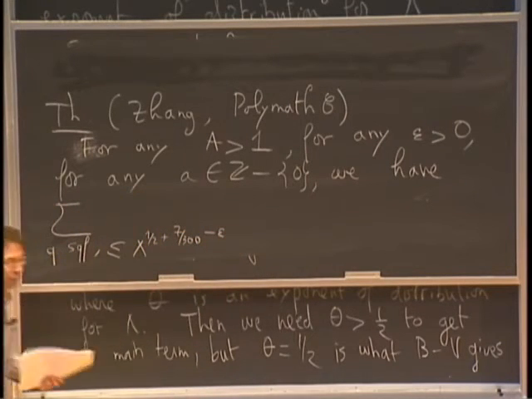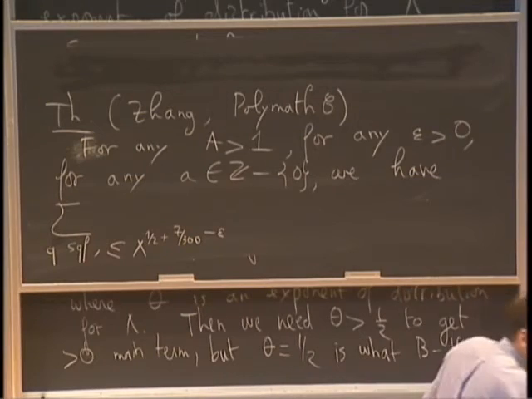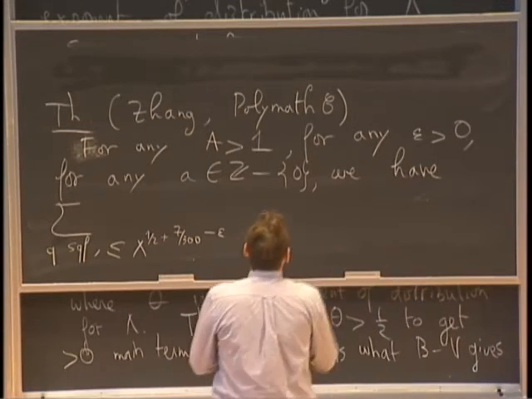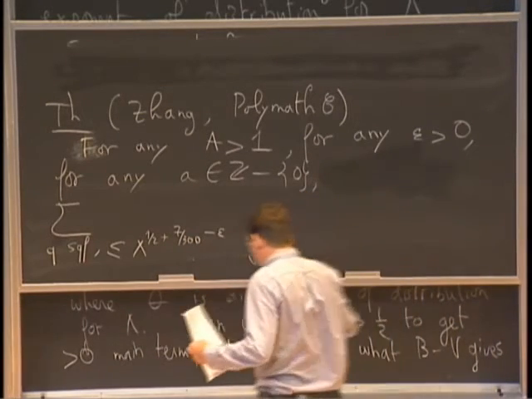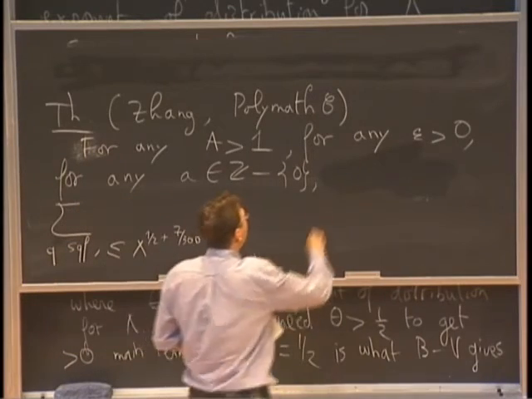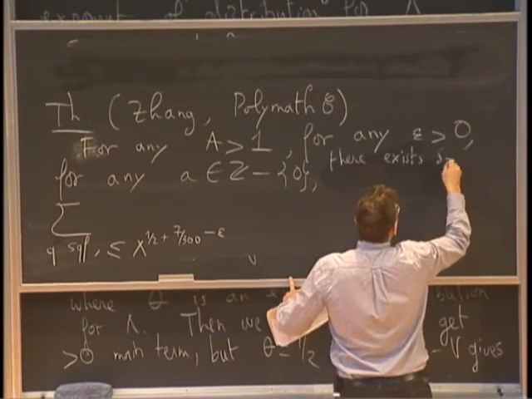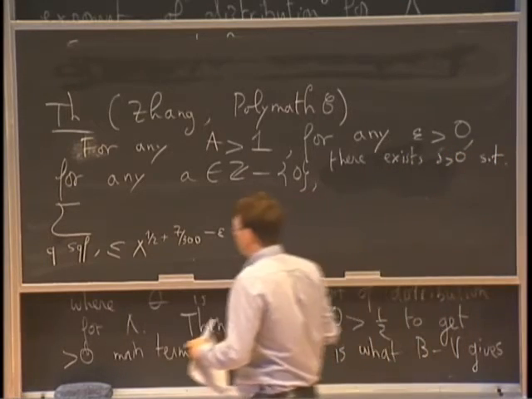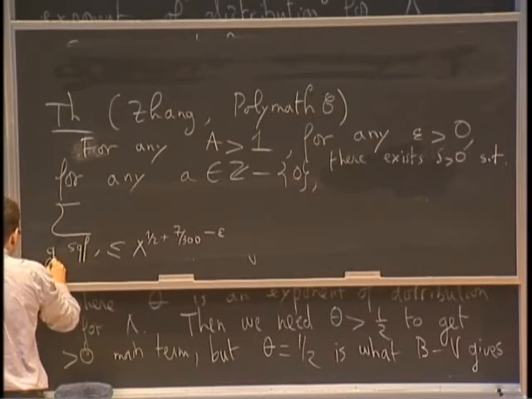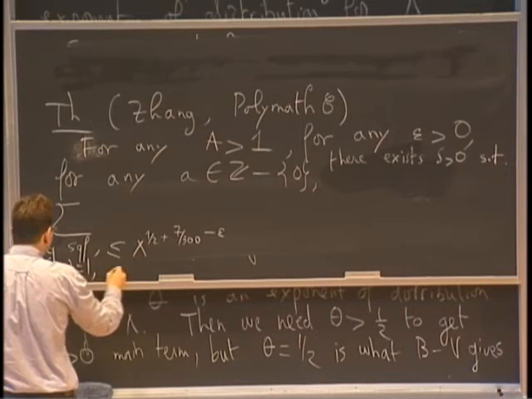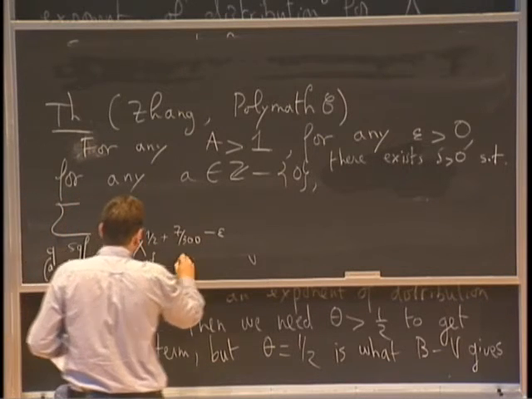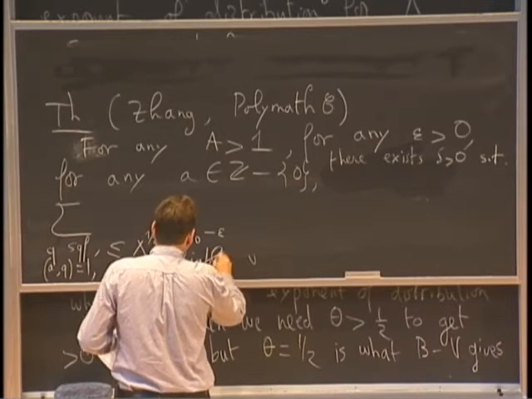Okay, I got my quantifiers wrong again. I need there exists positive delta such that Q is coprime with A, and Q is x^delta smooth, so friable.